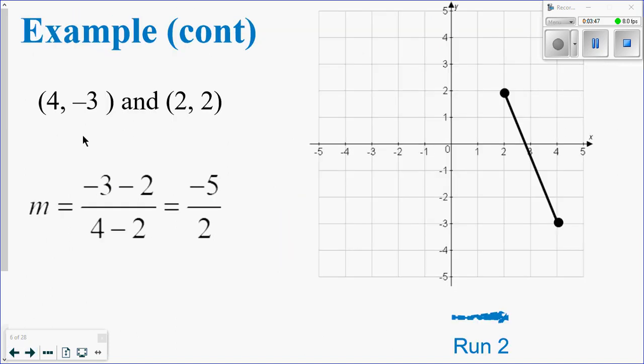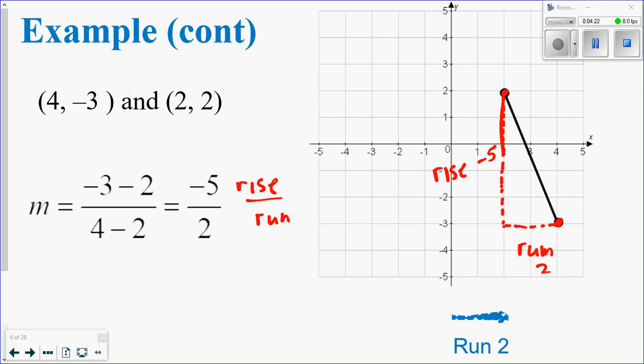All right, so since our slope is -5 over 2, what I'm going to do is we plot the 2 points. So here is 2, 2, and here is 4, -3. And then you draw your line. So remember, this is your rise over your run. They say rise, but you could go up or down, either one. So we're rising -5, and we're running 2.